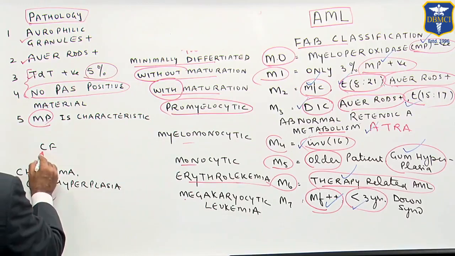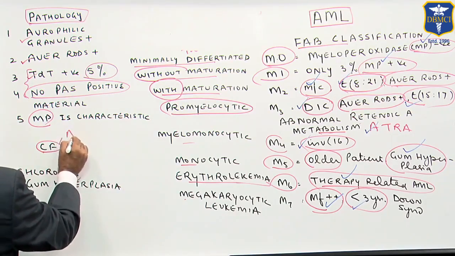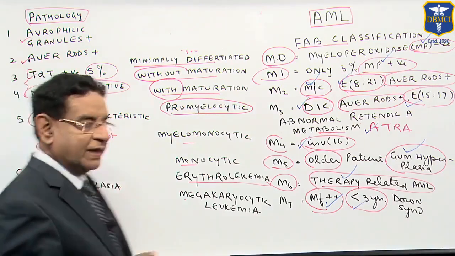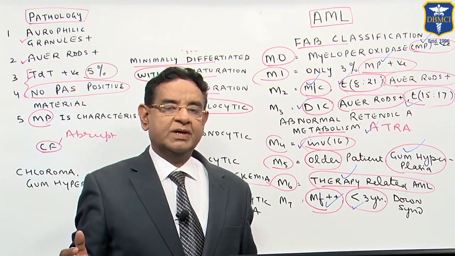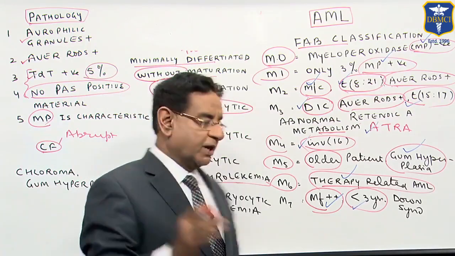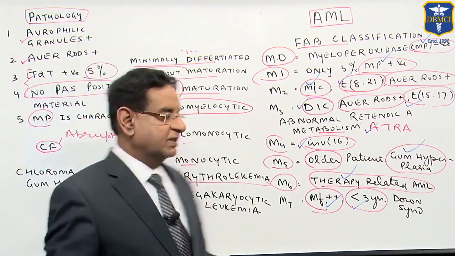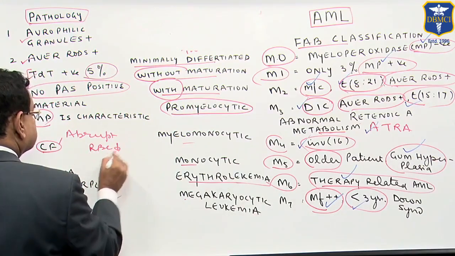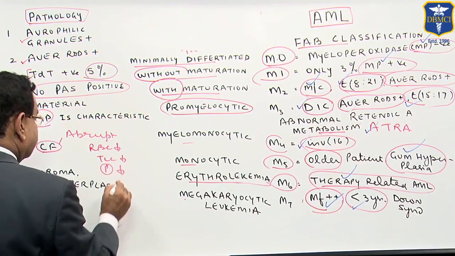Now, what are the clinical features? The patient usually has abrupt onset. Because it's a disease of the myeloid series in the bone marrow, abnormal cells are multiplying very fast. That's why normal RBCs are reduced, normal TLC is reduced, normal platelets are reduced.